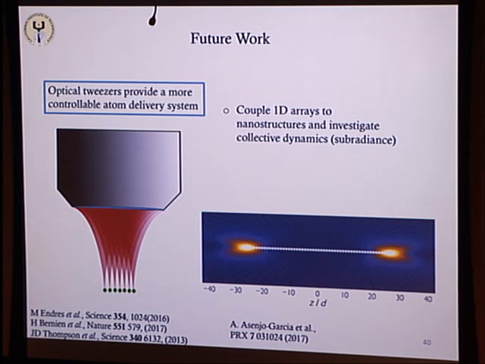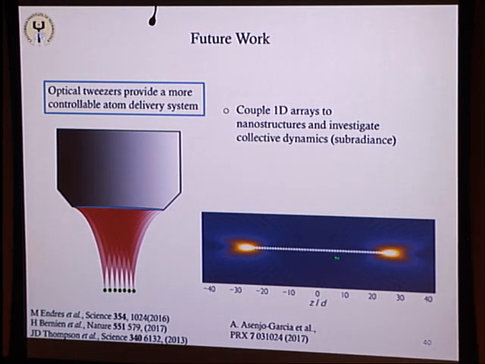I talked about this subradiant effect, and I think it's a really interesting effect, not just for studying quantum memories, but it hasn't been experimentally verified yet, so it would be really interesting to try and look at that in a lab. We could try to utilize optical tweezers to see some effects like this.